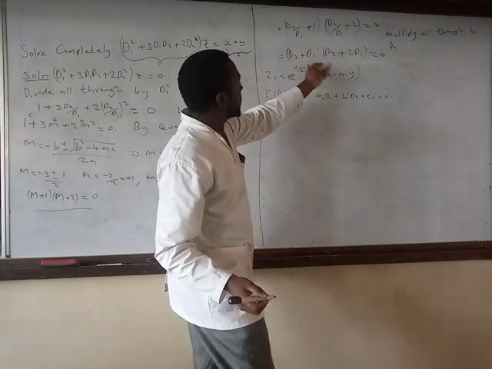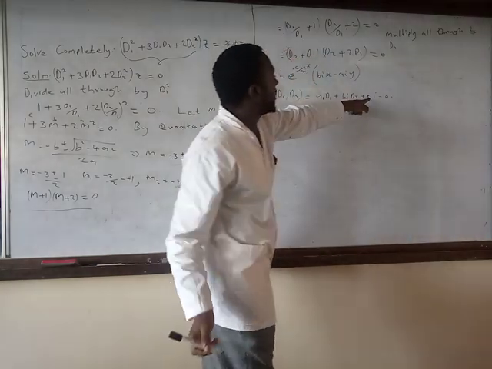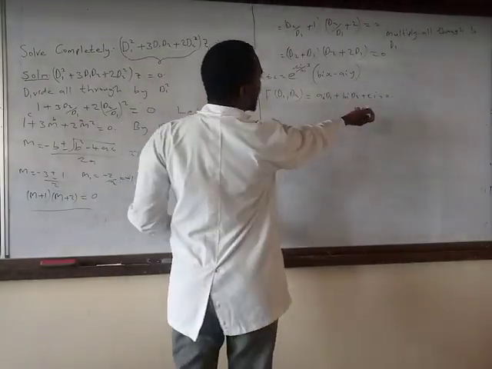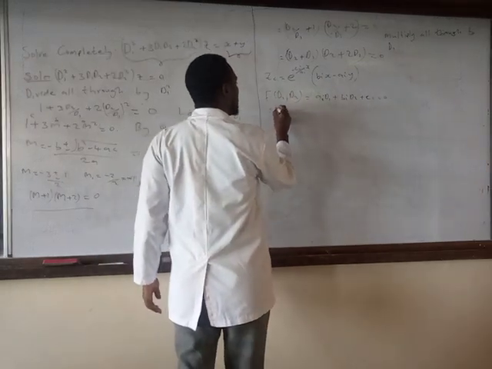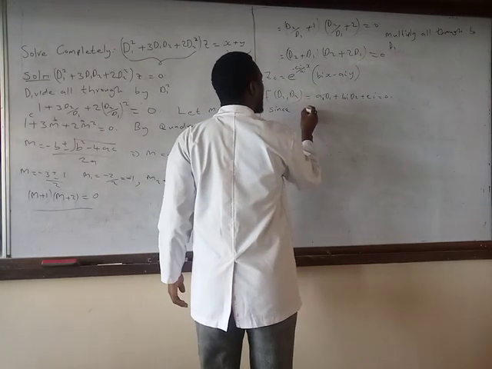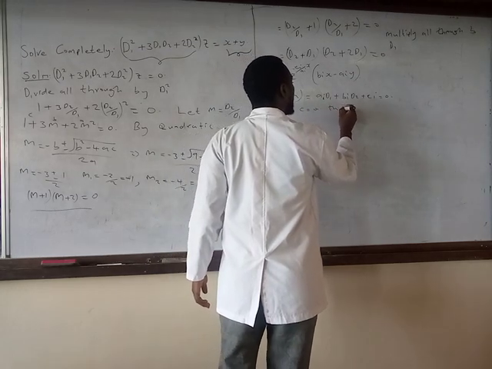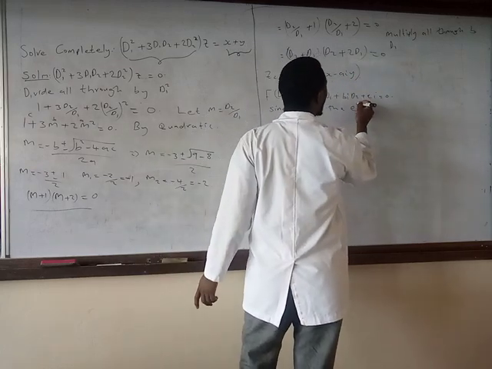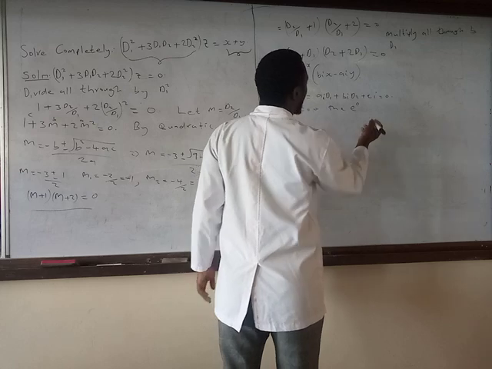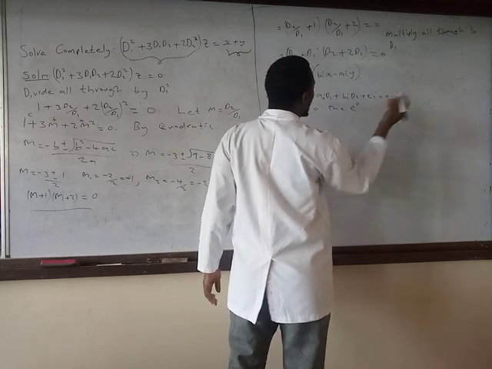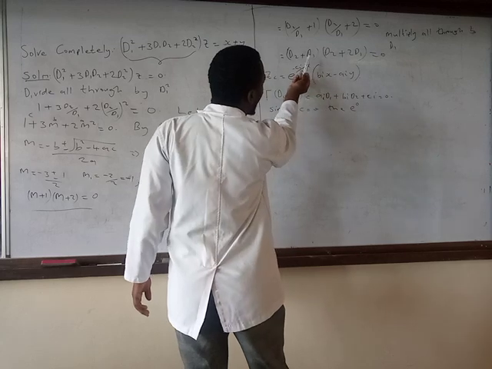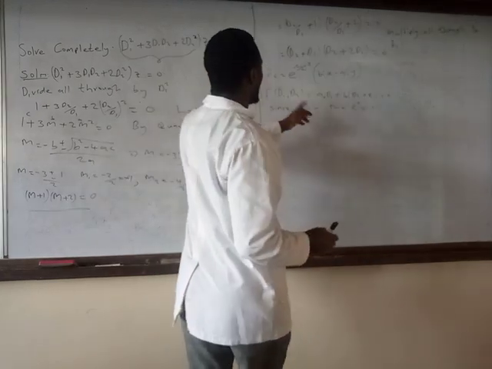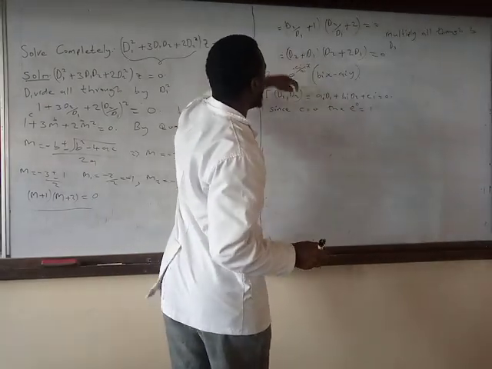Now here we don't have our ci. We have our ai and bi. If ci is 0, then exponential power 0 is just 1. Exponential power of 0 over a1, and what is our a1? It's just 1. 0 over 1 is just 0. Exponential power 0 is 1. So this part will be 1.